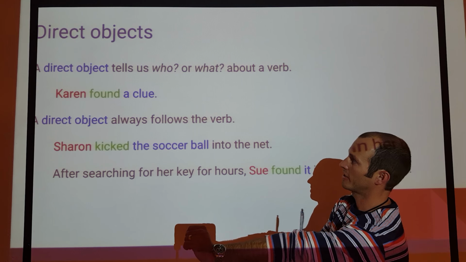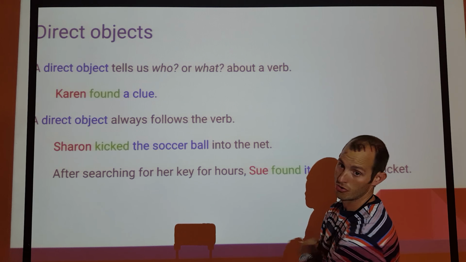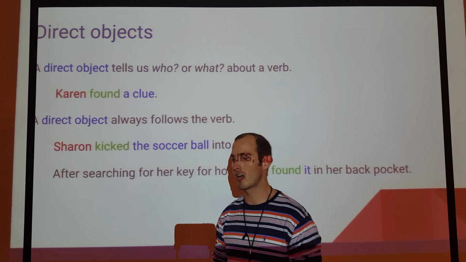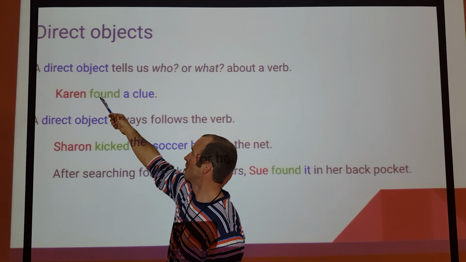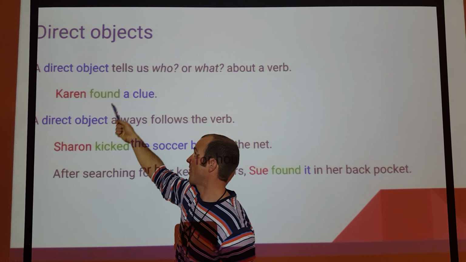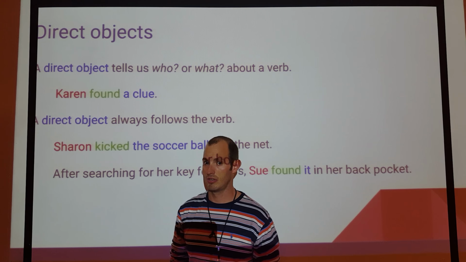Direct objects, again, they tell us what or who about a verb. So you're still looking for your verb every time. What is our verb here? Found. It's in green. What was being found? A clue. Karen found a clue.